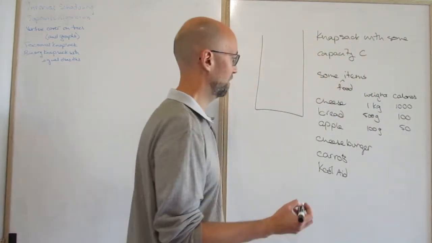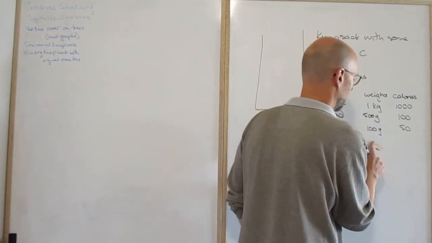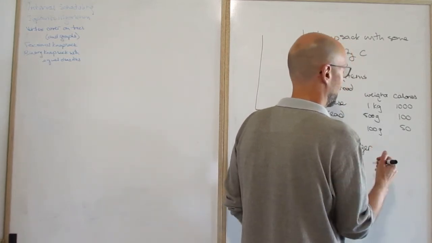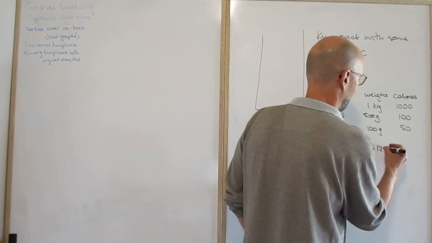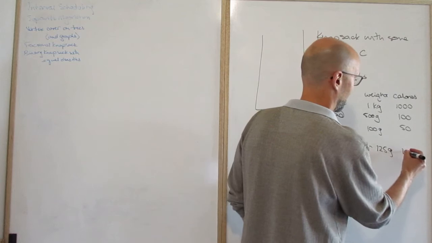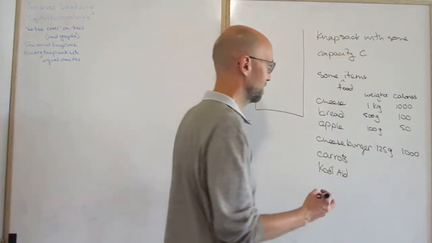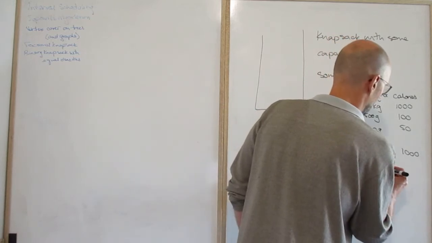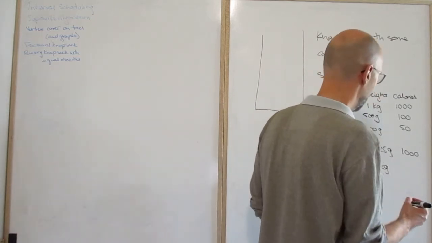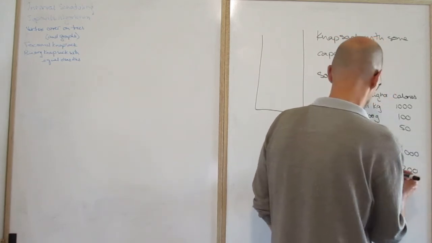Cheeseburger, a quarter pounder would be like 125 grams-ish, and this is also going to be 1,000 calories. Carrots, you have a kilo of carrots, but this is only 200 calories.